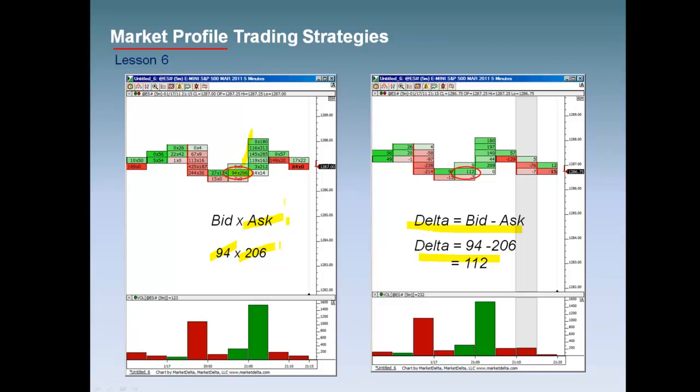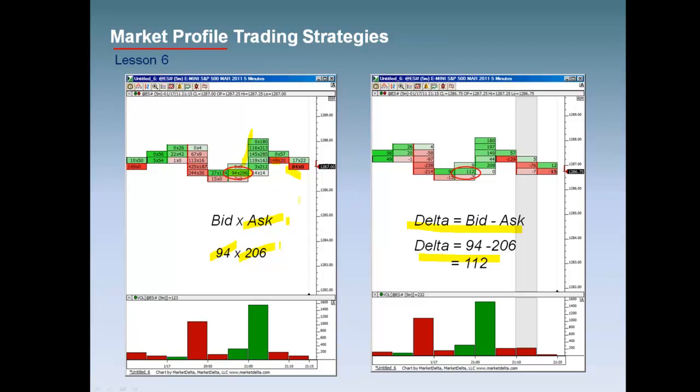On the other hand, when I begin to see that it's really now the sellers that are becoming more aggressive, that more is selling at the bid relative to what is selling at the ask, prices are going to decrease.